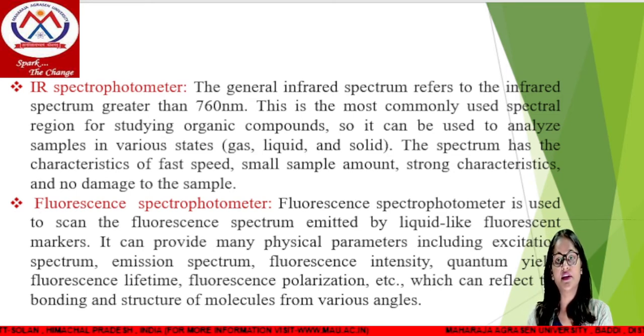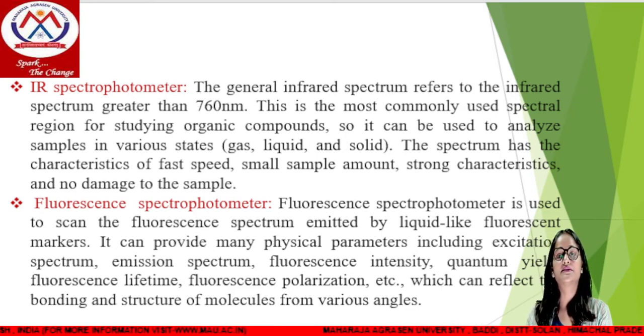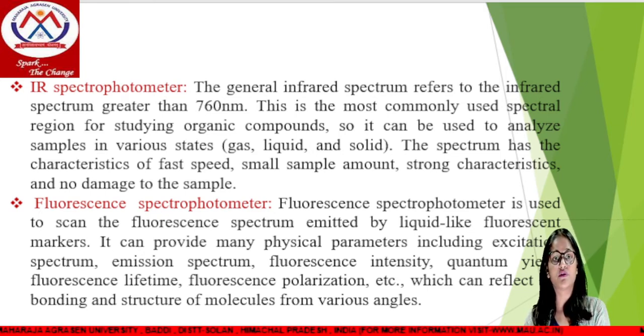Another one is the IR spectrophotometer. Here, the general infrared spectrum refers to the infrared spectrum greater than 760 nanometers. This is the most commonly used spectral region for studying organic compounds. So it can be used to analyze samples in various states such as gas, liquid, and solid. The spectrum has the characteristics of fast speed, small sample amount, and strong characteristics, and it also causes no damage to the sample.